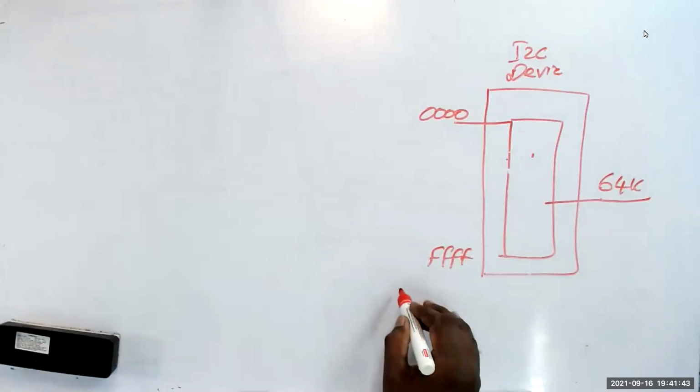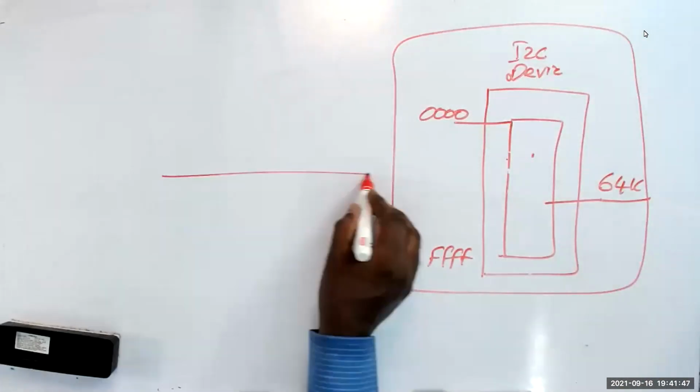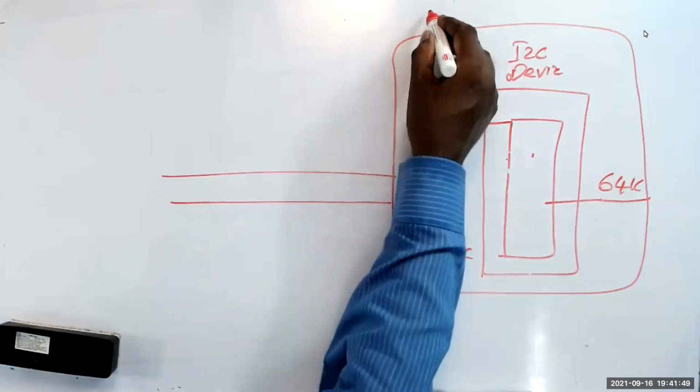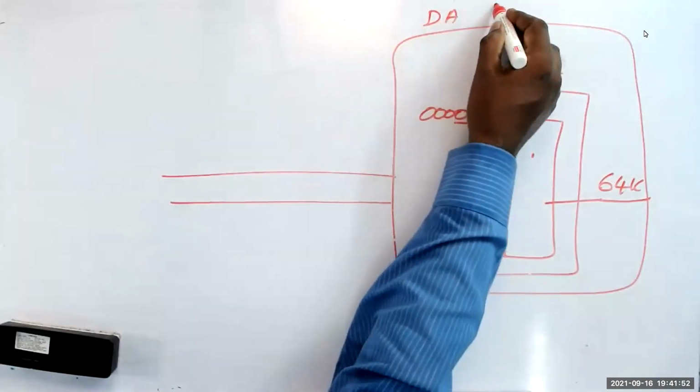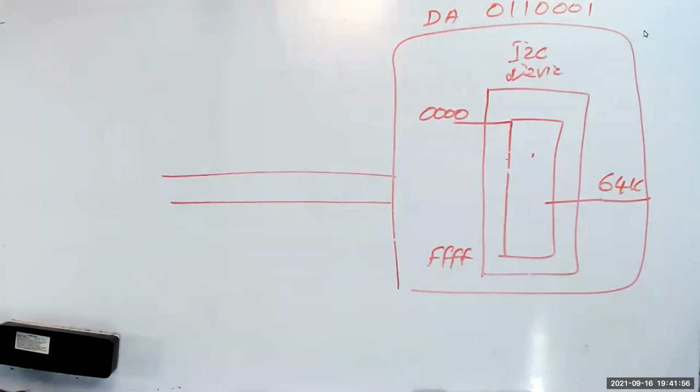Now I have I2C access. This device address is 0110001.